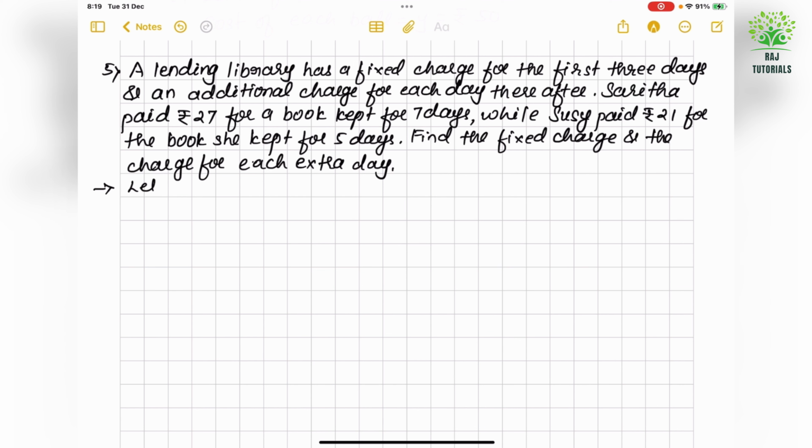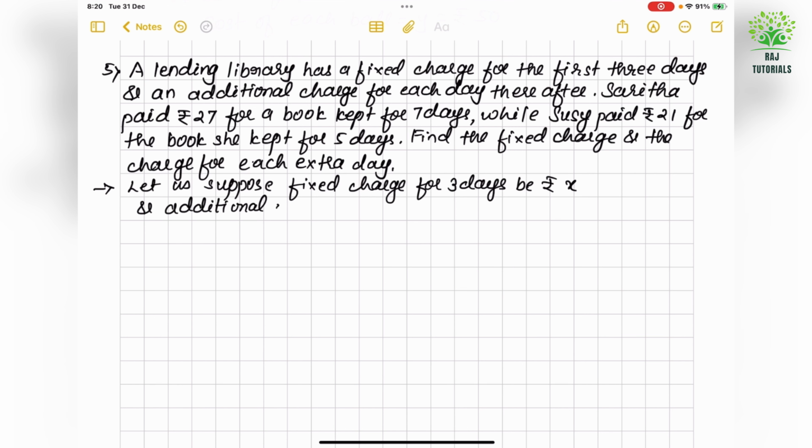So first let us suppose the fixed charge for 3 days be rupees x and the additional charge per day, that is after 3 days, be rupees y.